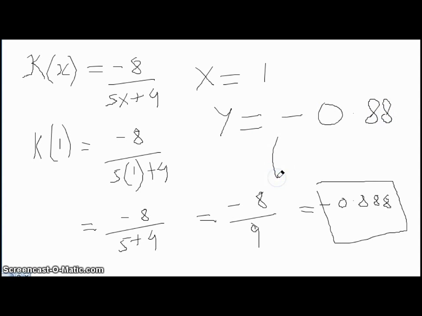So now our coordinates are 1 and negative 0.88.